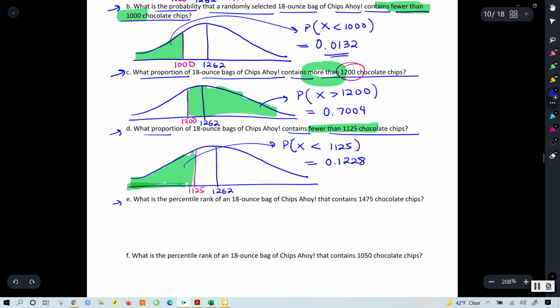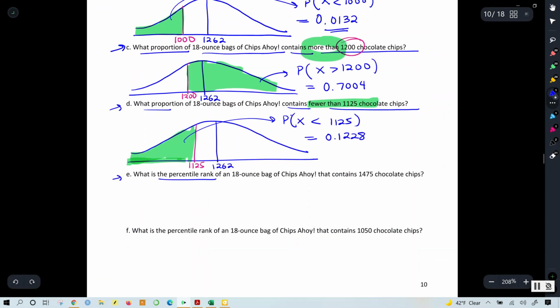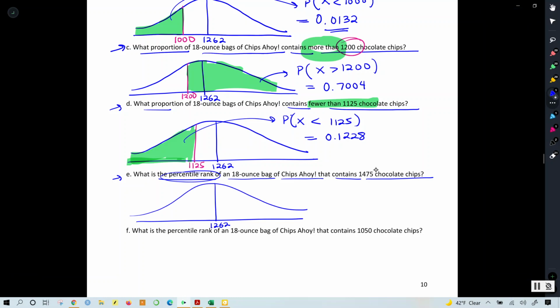And for the next question, what is the percentile rank of an 18-ounce bag of Chips Ahoy that contains 1475 chocolate chips? Since we're talking about percentile rank, this is what we do. Draw the normal distribution curve, locate the center, and we want to locate this value, which is 1475. That is a number above the mean.